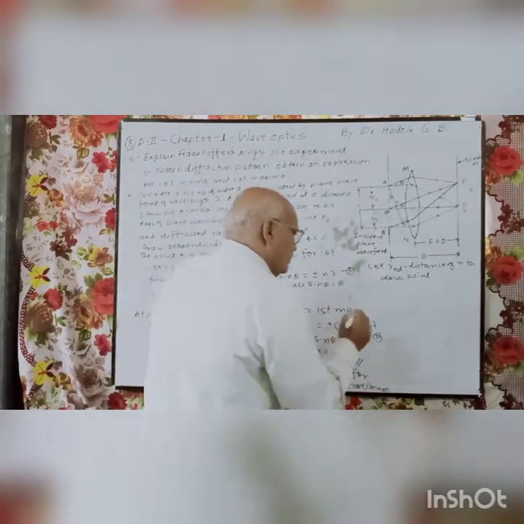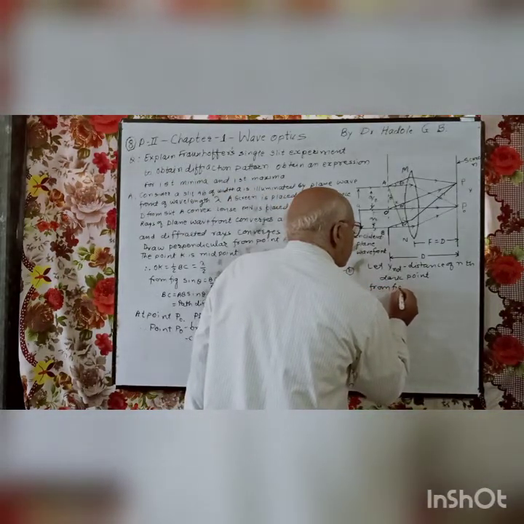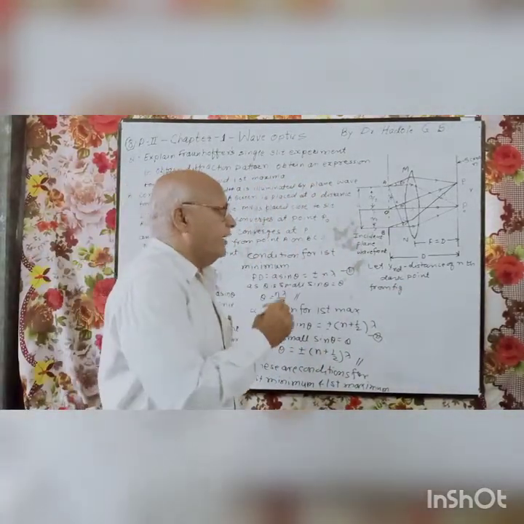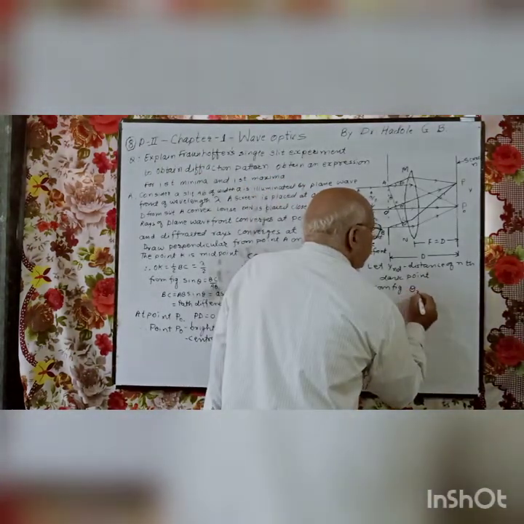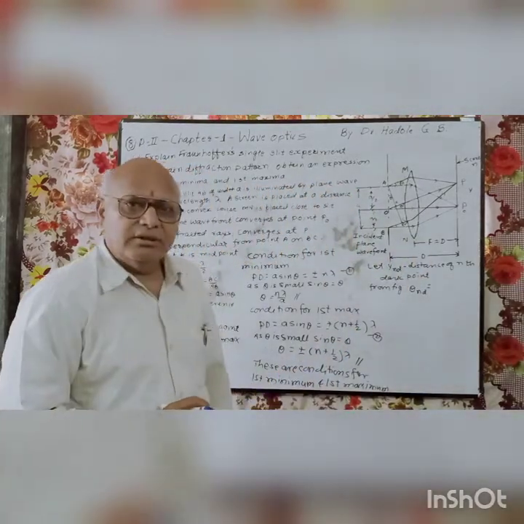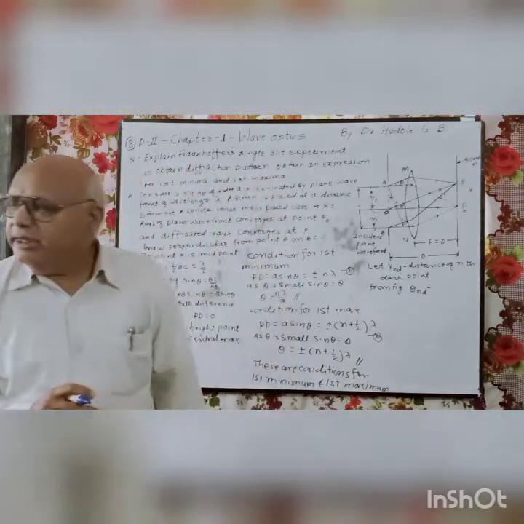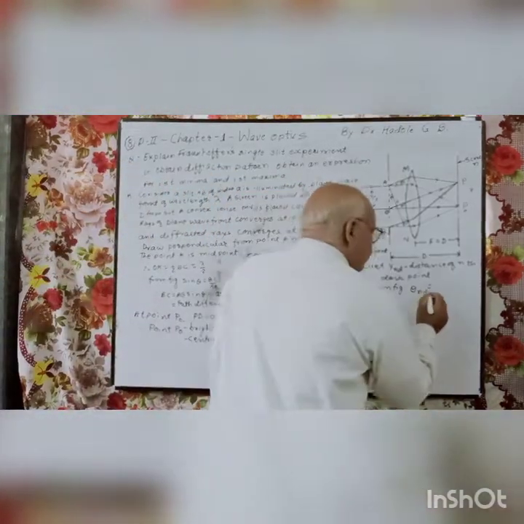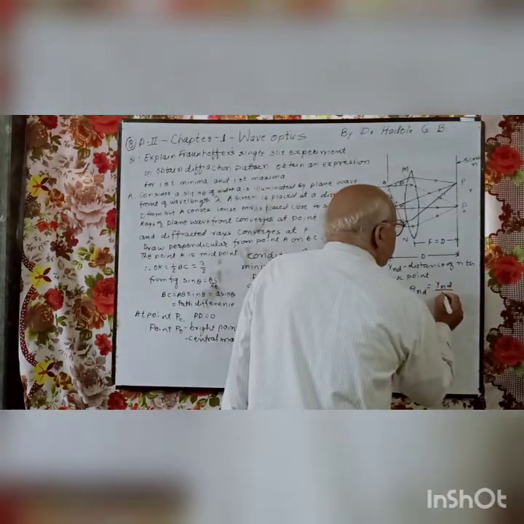Now from the figure, we write theta_nd for the dark point. The angular separation of the nth dark point is equal to y_nd upon capital D.